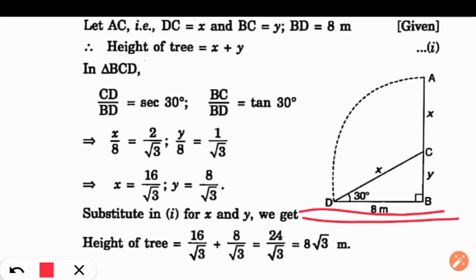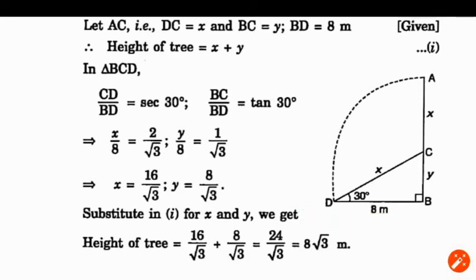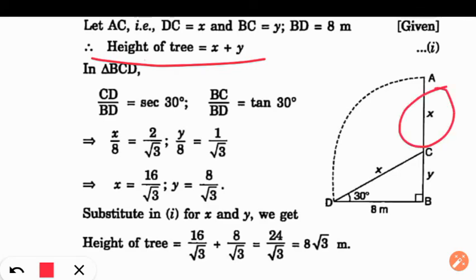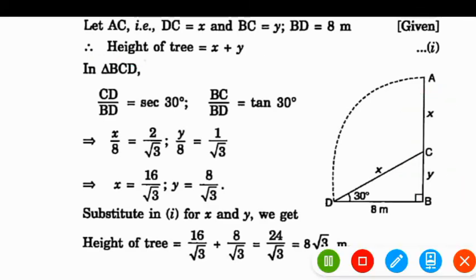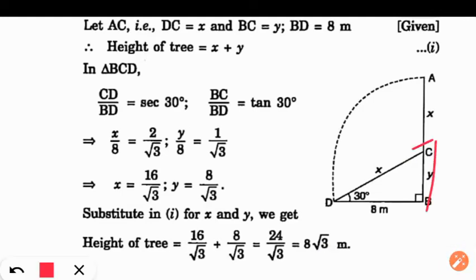It is given. Now, see what we need to find? We need to find the height of the tree. So, height of the tree will be x plus y. Now, see this triangle BCD. In triangle BCD, first we need to find x and then y, or y then x, whatever, we need to find x and y, simple.